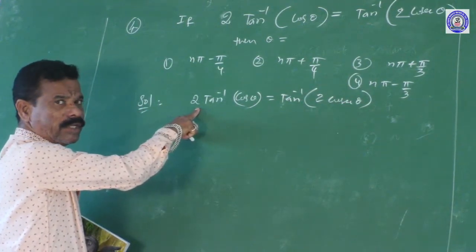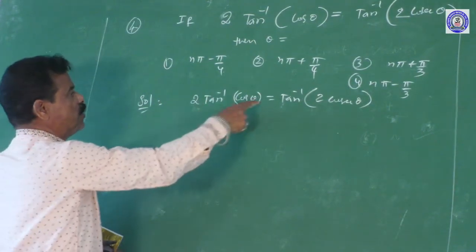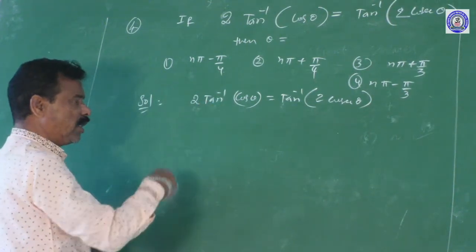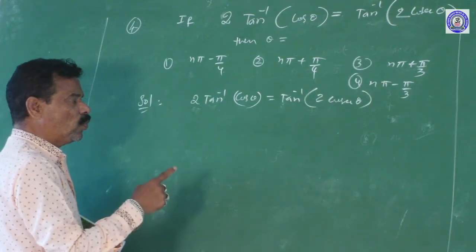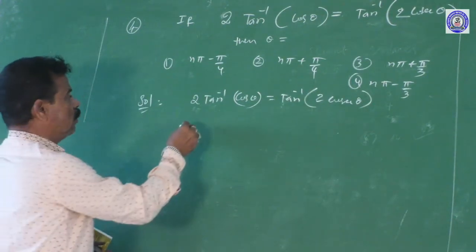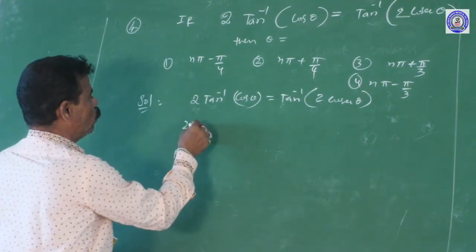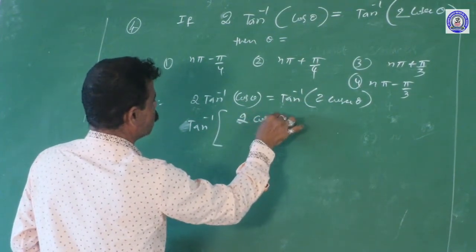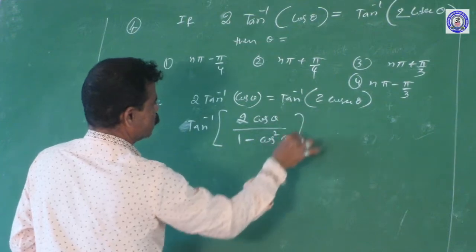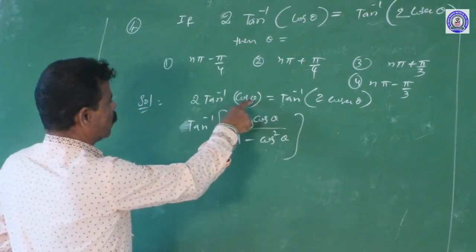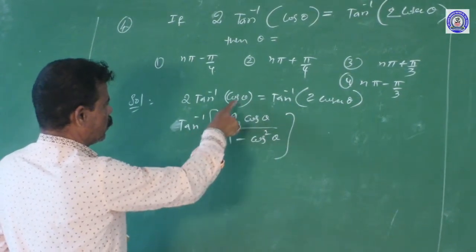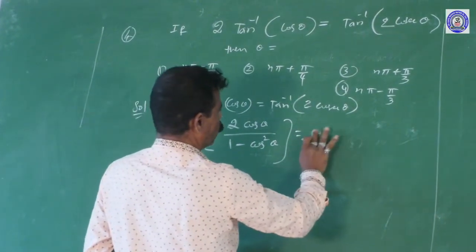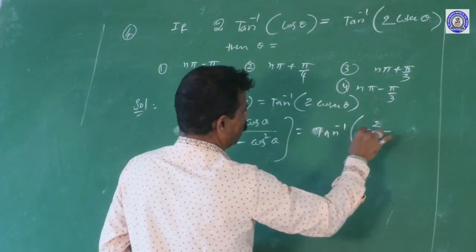For the elimination of the 2, take 2 tan inverse alpha, which in terms of tan inverse is 2 alpha by 1 minus alpha square. So 2 tan inverse cos theta becomes tan inverse of 2 cos theta by 1 minus cos square theta, equal to tan inverse of 2 by sin theta.